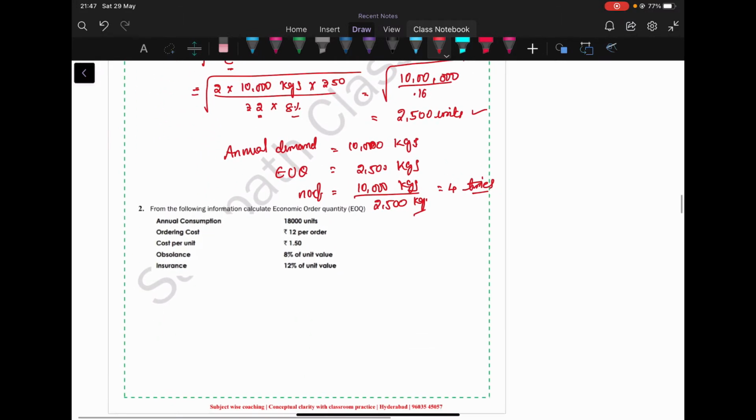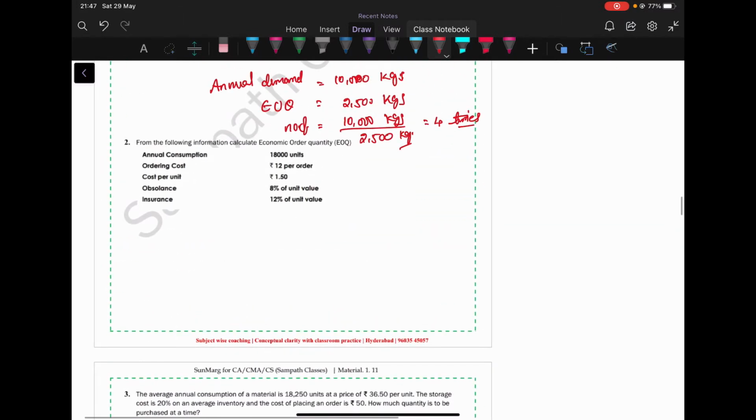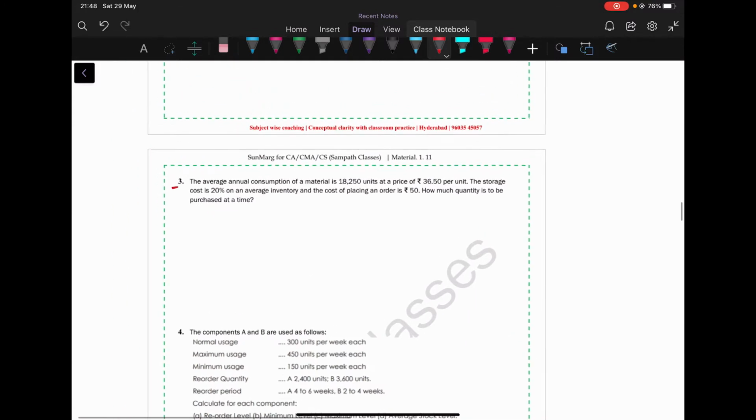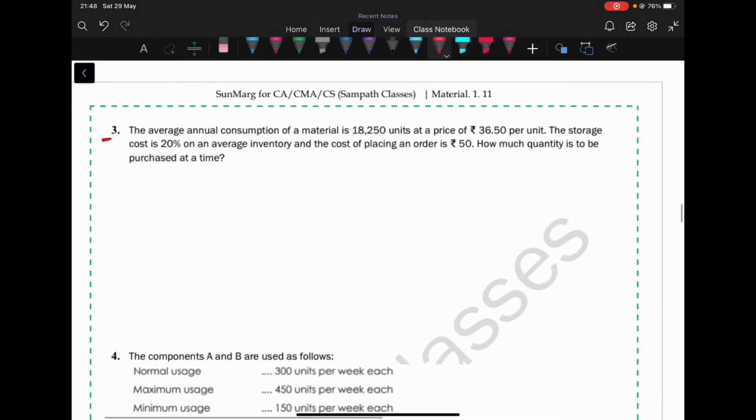Next problem, this is also the same problem. Next one, the third problem, we will be solving this third problem.